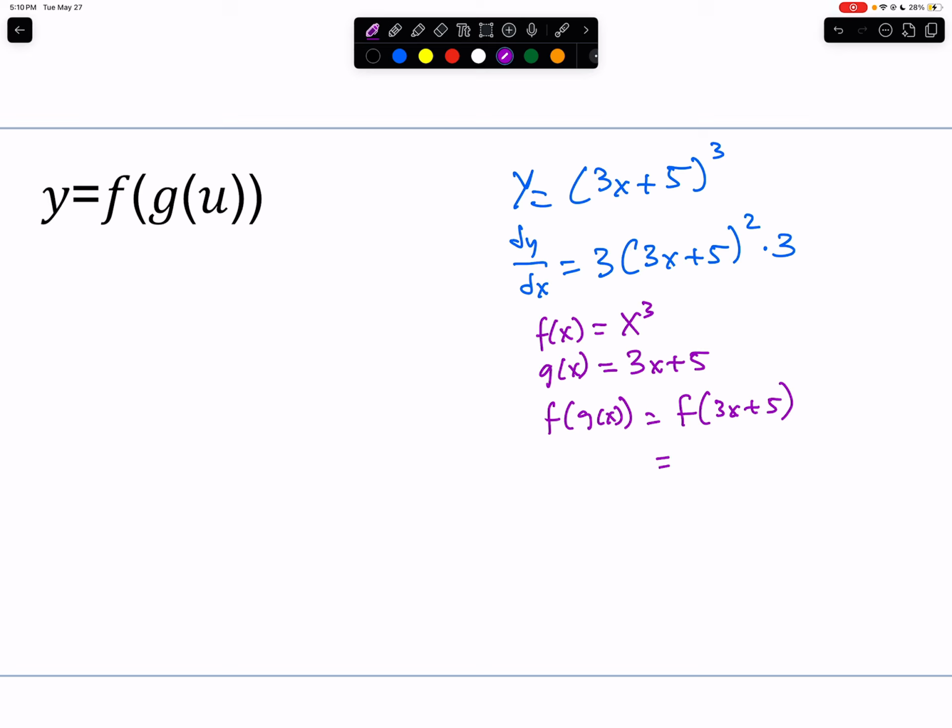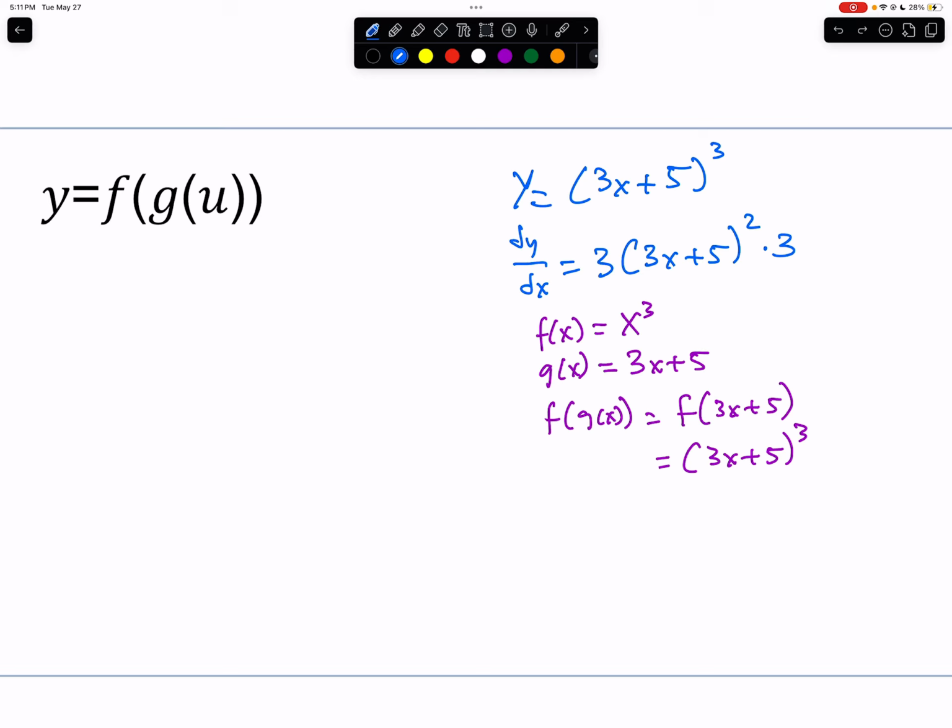And then remember, if f of x is x cubed, f of 3x plus 5 is (3x plus 5) cubed. Wait a minute, that's the same as this. So I am modeling y as a composition of functions here. And so really the chain rule is a way of taking the derivative of a composition of functions. And what this is doing is generalizing it. It's a generic way of expressing the chain rule.